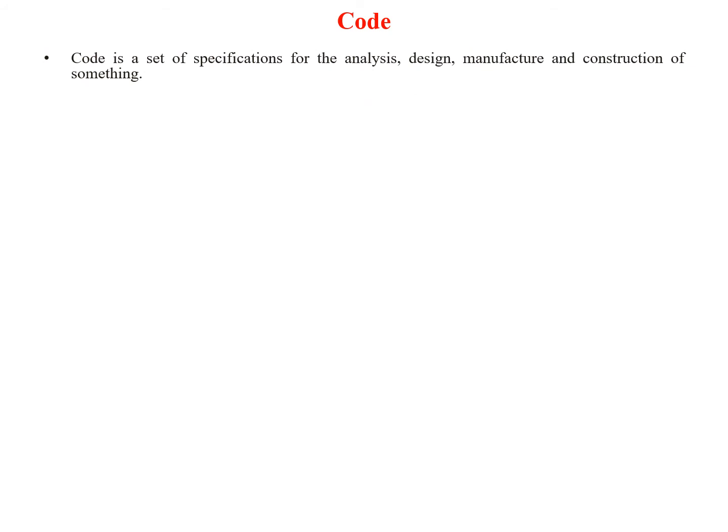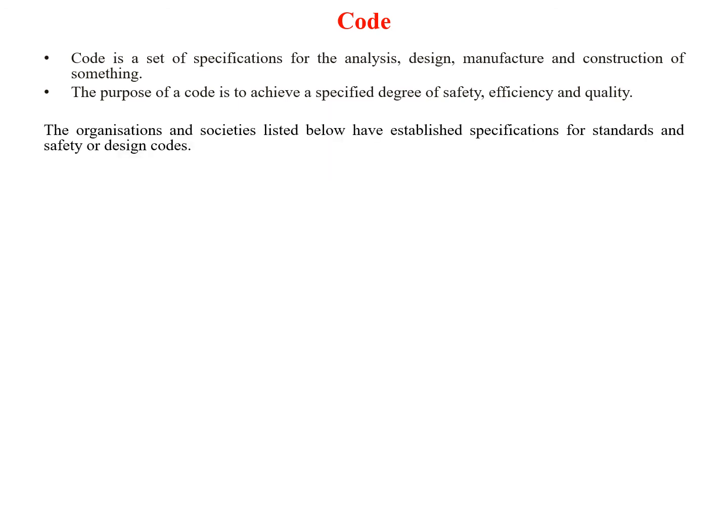Coming to the codes, what are these codes? We have seen the standards. Each code is for the analysis, design, manufacture and construction of some mechanical components. The purpose of a code is to achieve a specified degree of safety, efficiency and quality. Who gives these codes?